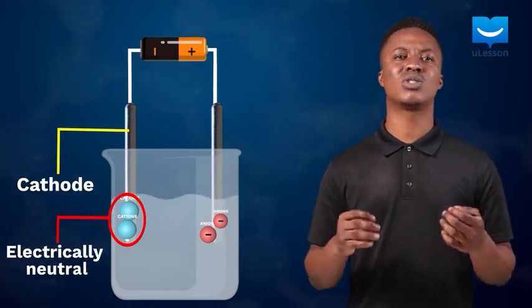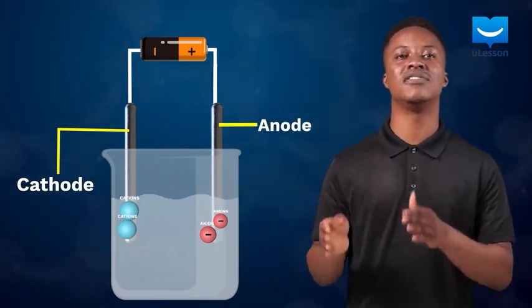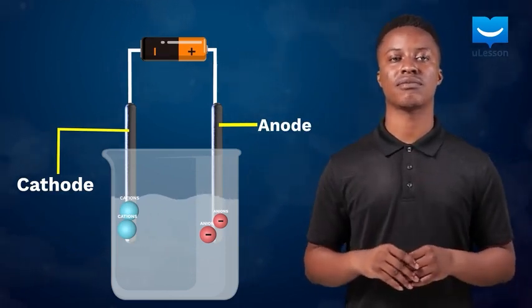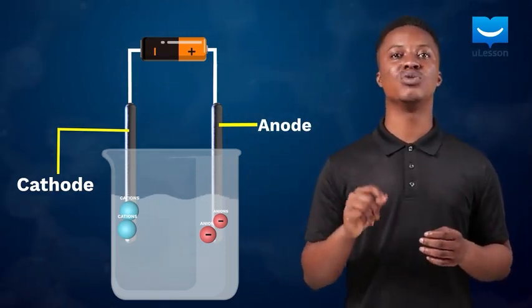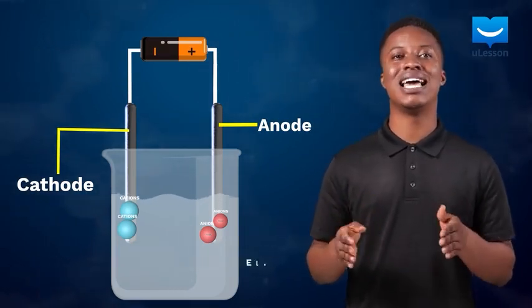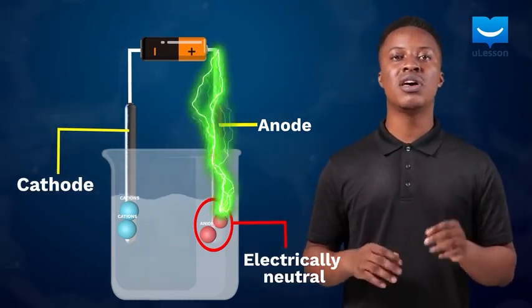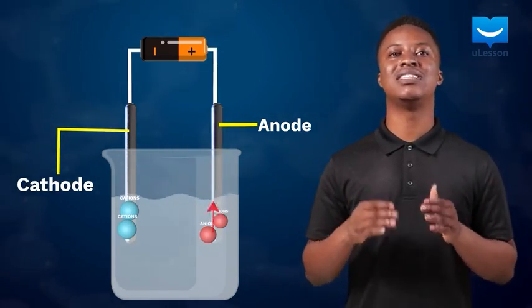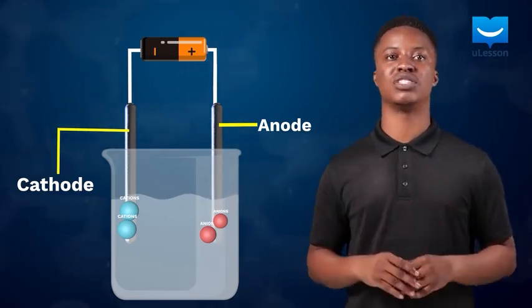Now, let's discuss what happens at the anode, which is the positive electrode of the electrolytic cell. As said earlier, the anions are attracted to the anode and then lose their electrons to become electrically neutral. The electrons they lose flow out of the electrolytes through the anode and then back to the battery.